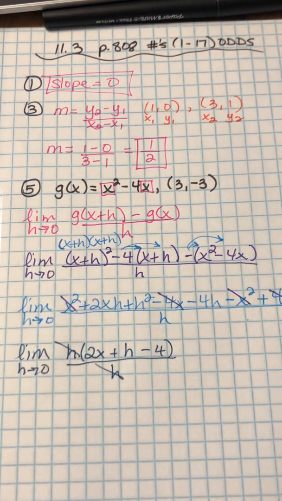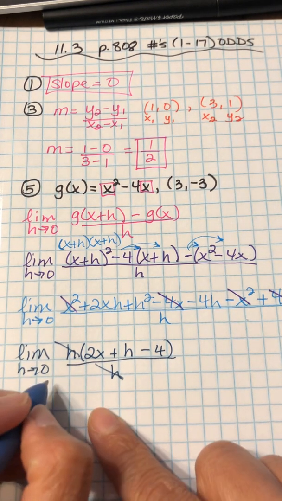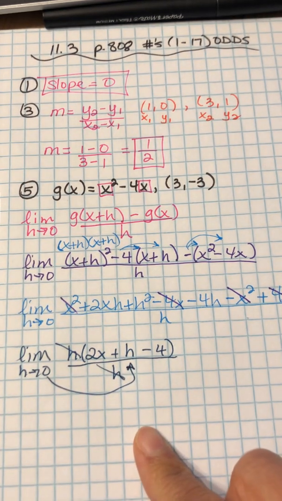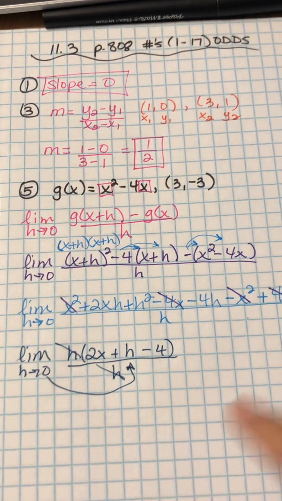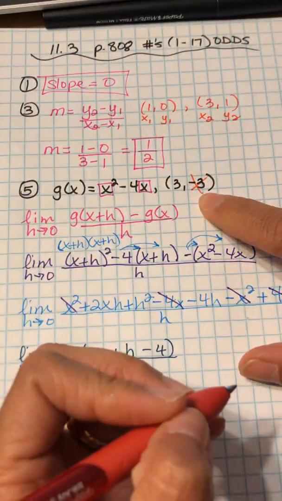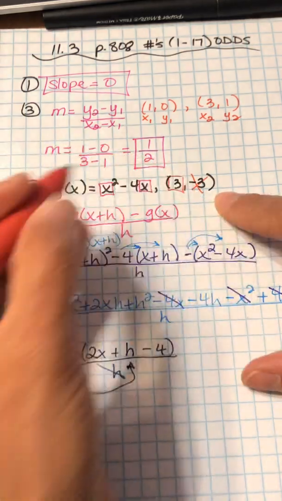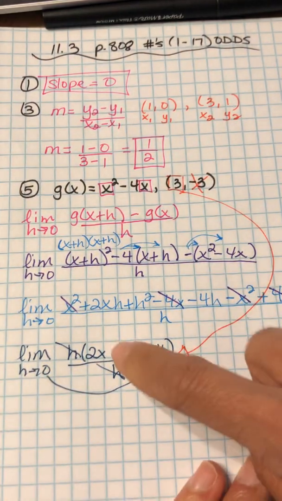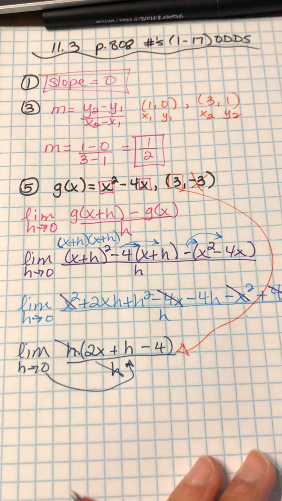Now we can plug in stuff. What do we plug in? Well, first of all, we're going to plug in a 0 for the h. Second of all, remember, we only worry about the x value. Remember Mrs. Ardito would cross out the y value? We don't need it. We're only plugging in that 3. So that 3 is going to get substituted in here for x. Okay?